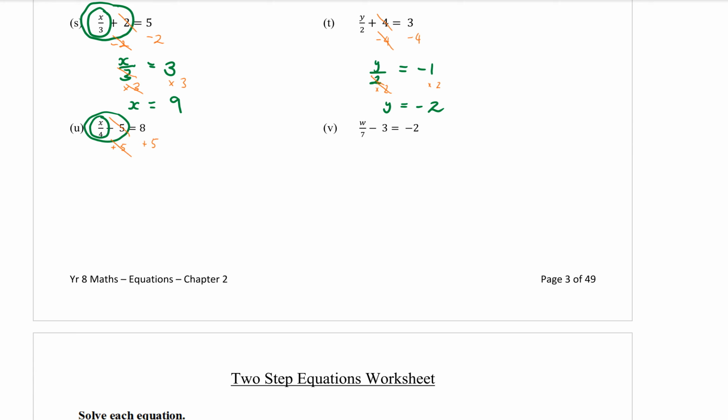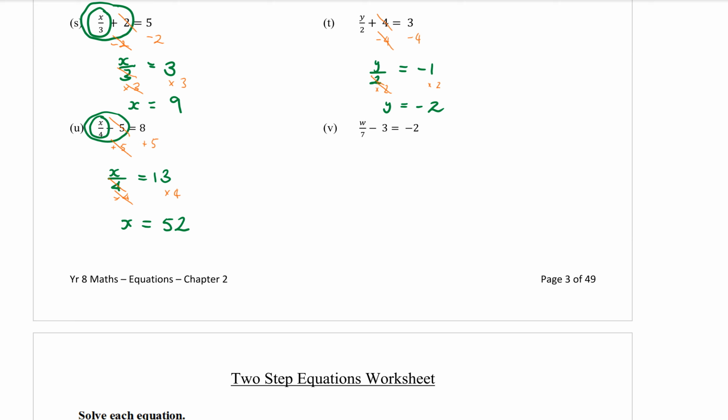That will leave me with x over 4 equals, the 8 plus 5 is 13. On the second step, I want to times by 4 to cancel that denominator off. X will then be by itself, and 13 times 4 is 52.